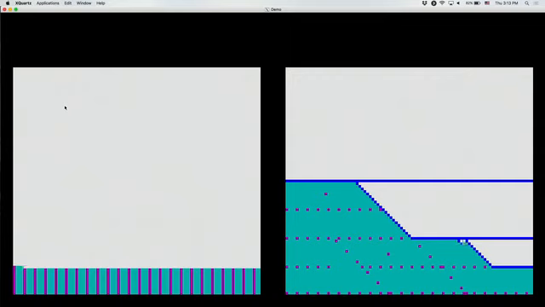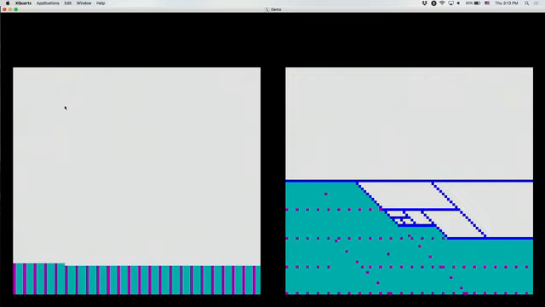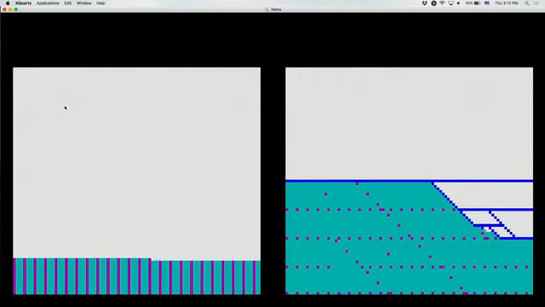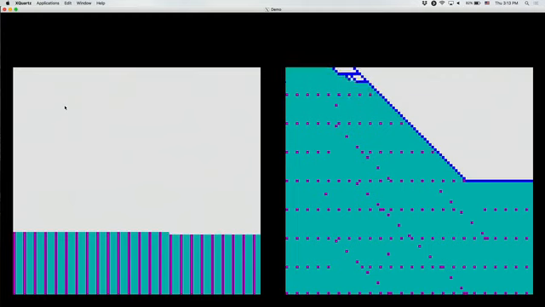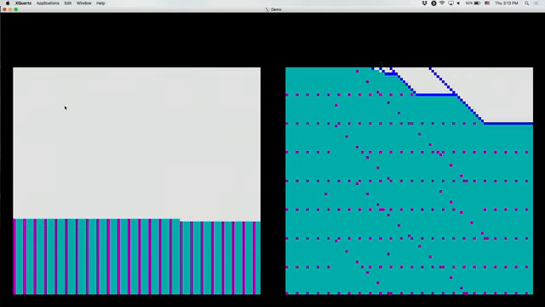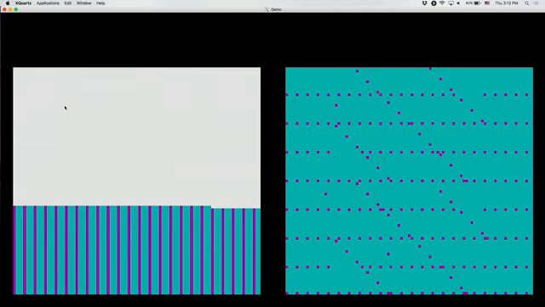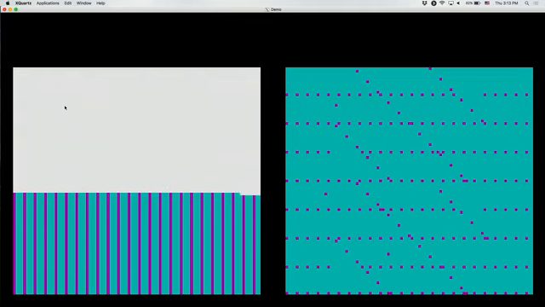So you can see that the trapezoidal algorithm is incurring much fewer cache misses than the looping code. So I'll just make this go faster, and the trapezoidal code is going to finish while the looping code is still slowly making its way up the top.